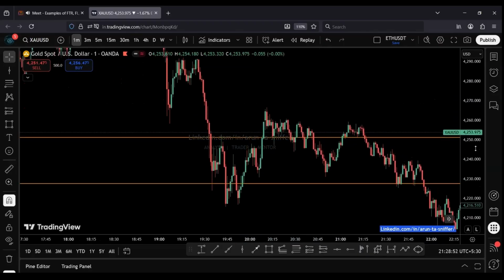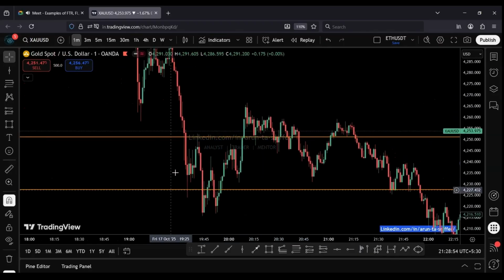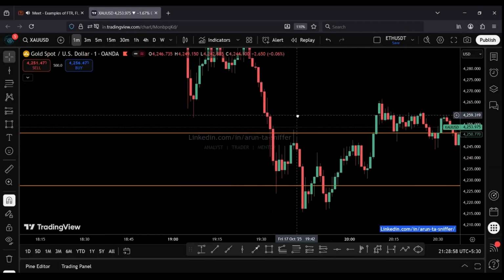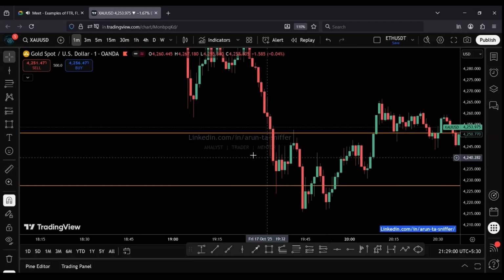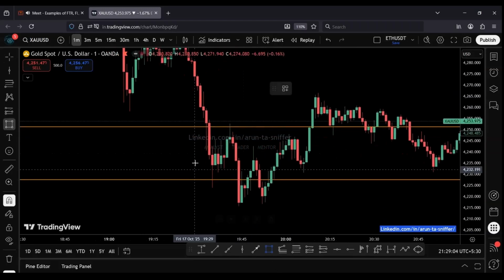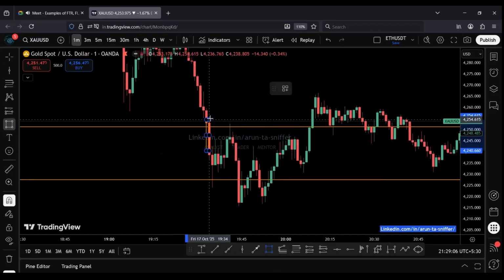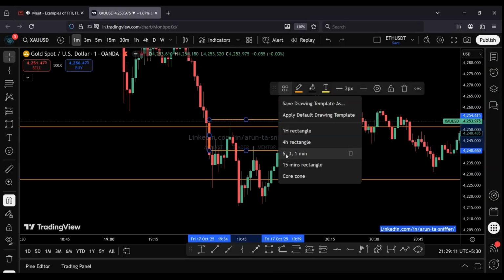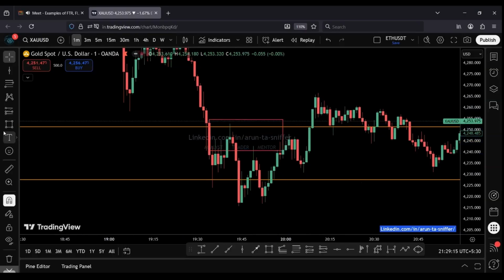And what candle has crossed this? This candle crossed this here. Look at this. This candle broke it here. So we will take this candle as our DP. This is our DP, right?